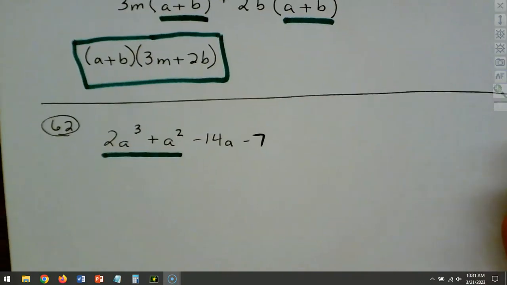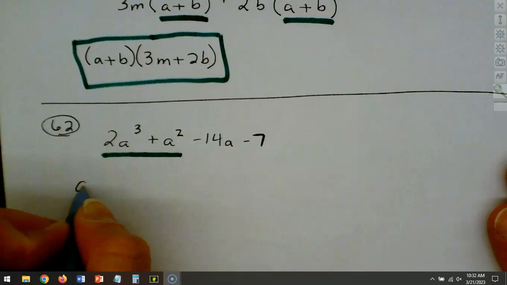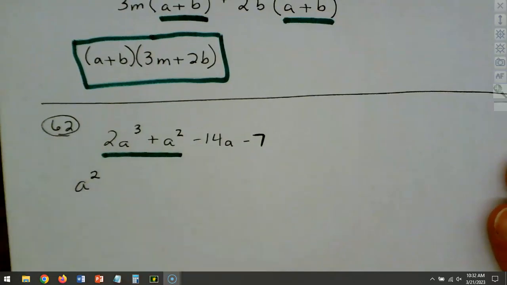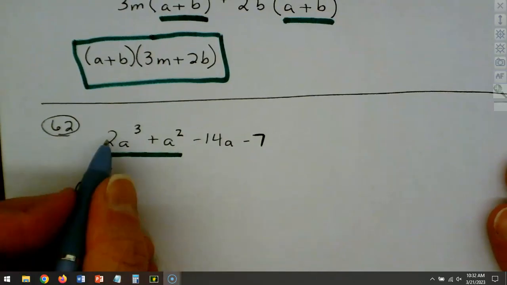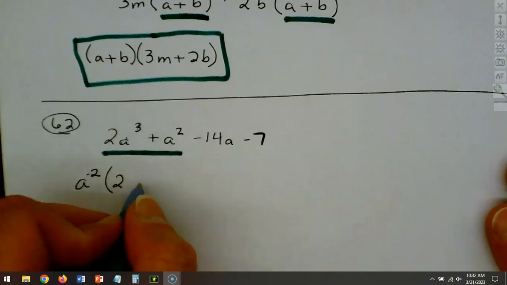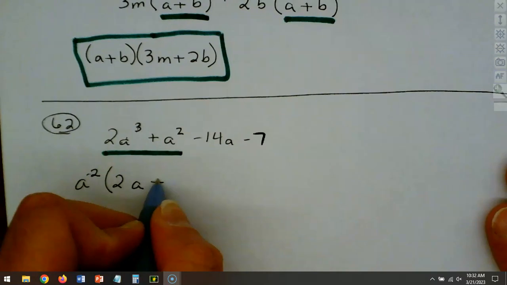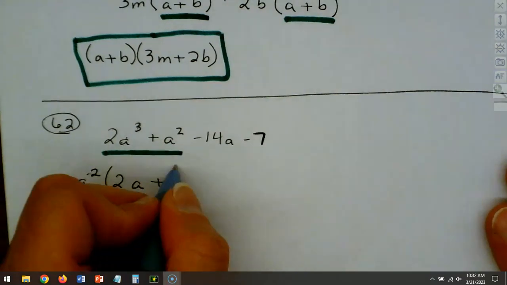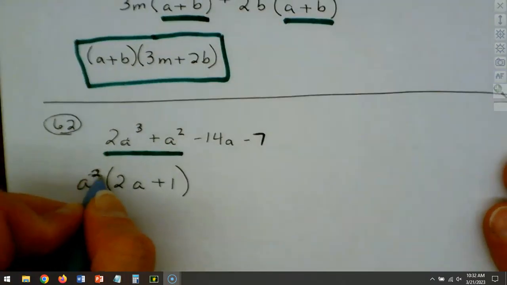And what's my smallest power? Smallest power is going to be an a squared. So what can come out? A squared. What's left over? 2. We have 3 of these. Take 2 out. So that leaves you with a 2a. And that goes completely away. So that leaves you then with a 1, doesn't it?